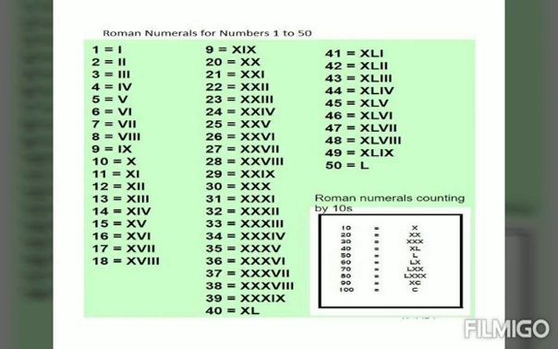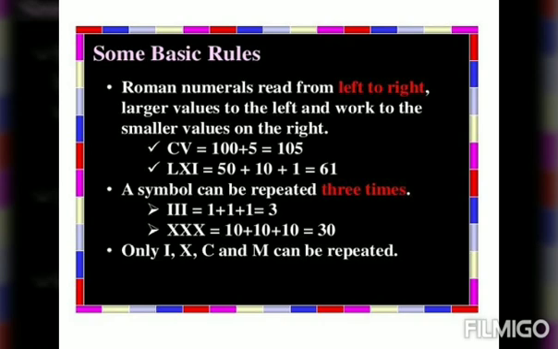There are some rules to be followed while writing the Roman numerals. Here we are going to learn the basic rules to be followed while writing and reading the Roman numerals. The first rule is Roman numerals read from left to right, larger values on the left and smaller values on the right. Example: CV.